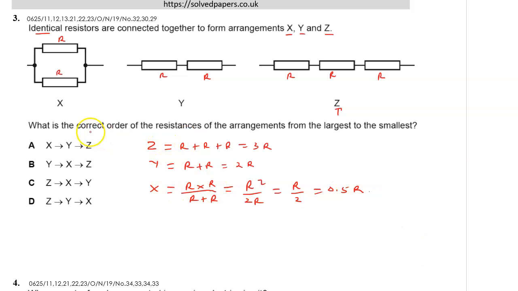We are told to give the order from the largest to the smallest. So Z is greater than Y, which is greater than X. You look for that arrangement, and it will be D.